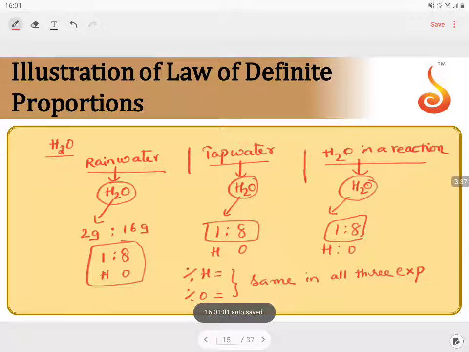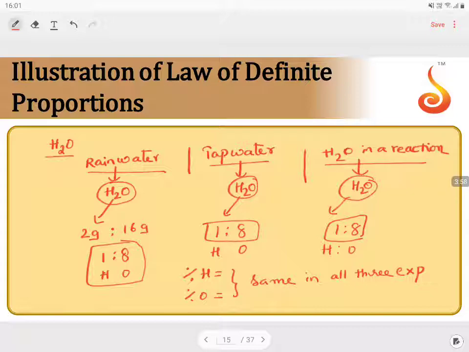Whichever I take, if I compare the mass of hydrogen to the mass of oxygen, I always see they combine in a 1:8 ratio, and the percentage of hydrogen and oxygen remains constant.